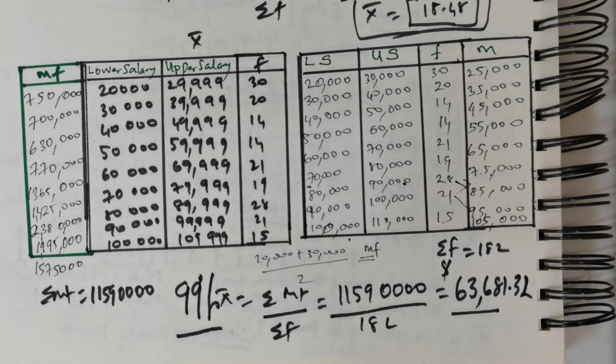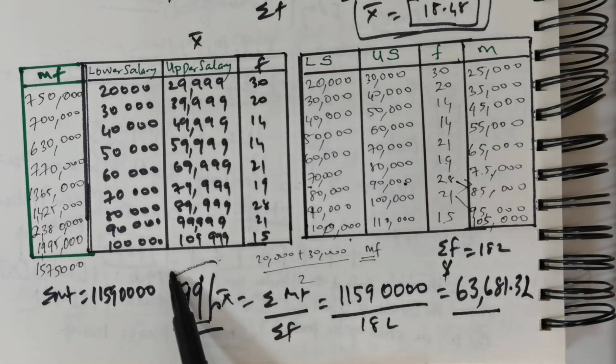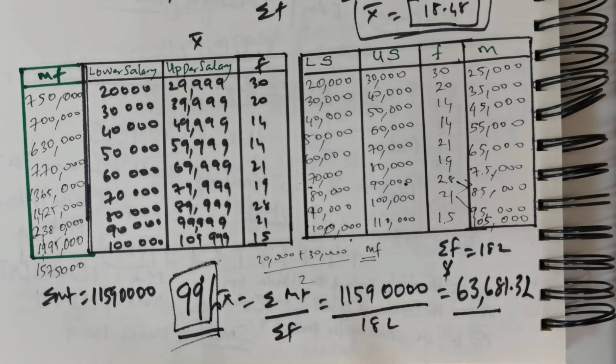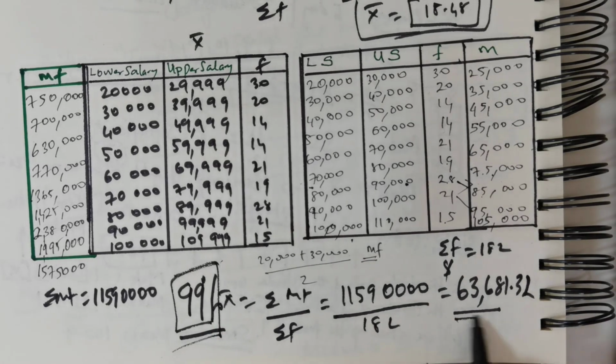In other words, if we were not to follow this grouped mean technique but follow the straightforward way, the mean that we got from the original technique would be 99% close to this. So that is how close this particular value is.